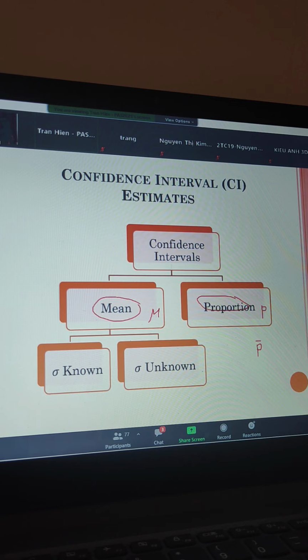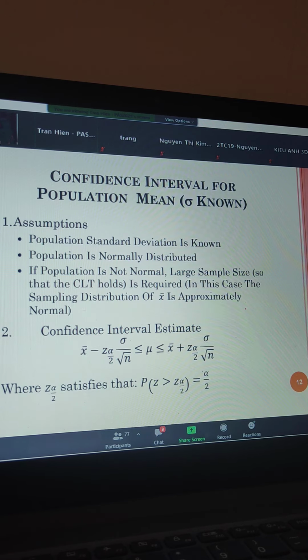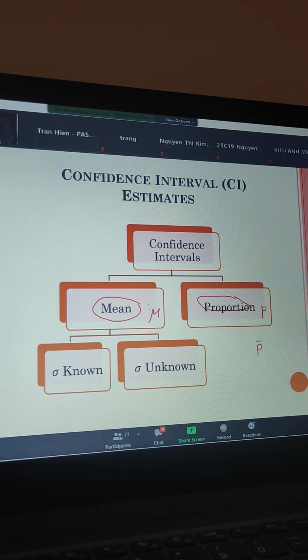Okay, so here are some steps to show the confidence interval for the population mean for the first case.